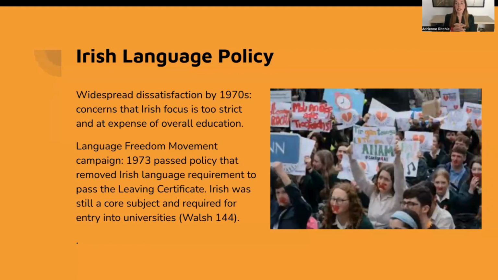But by the 1970s, so about 45 years later, there started to be a movement called the Language Freedom Movement. And this was a big coalition, actually, of policymakers, teachers, parents, and students alike that were not satisfied with the current education policy.